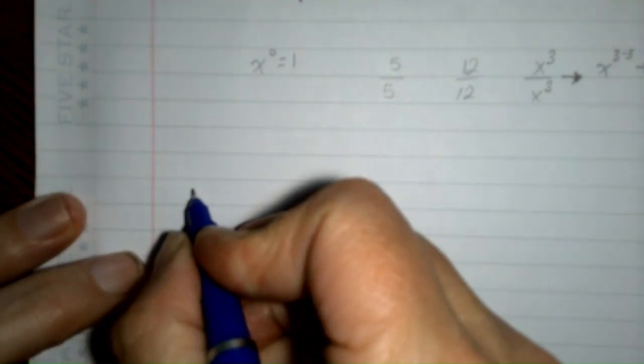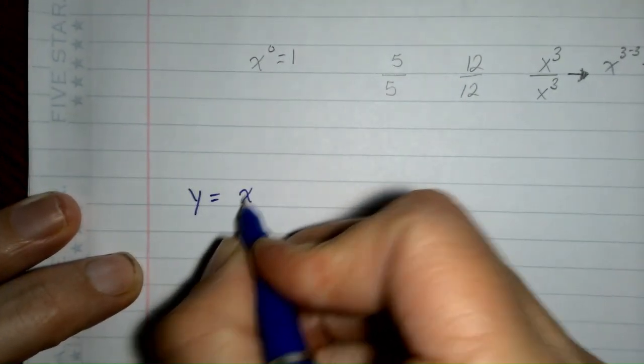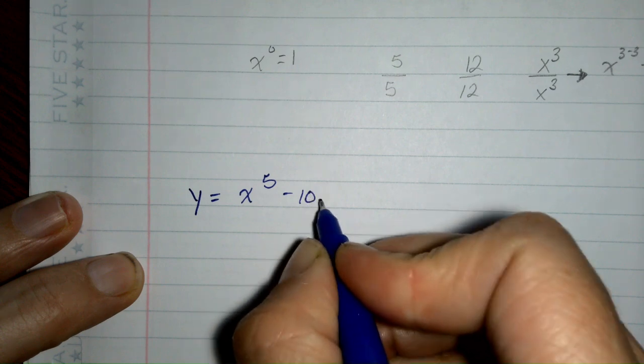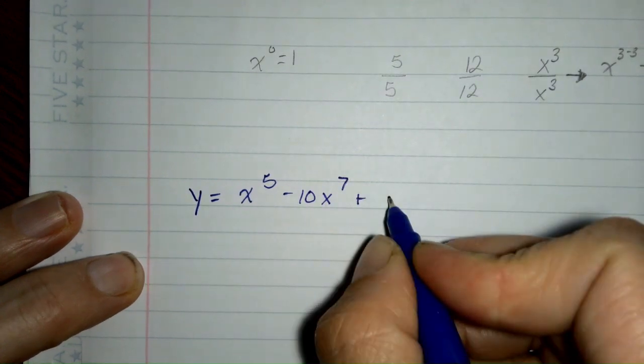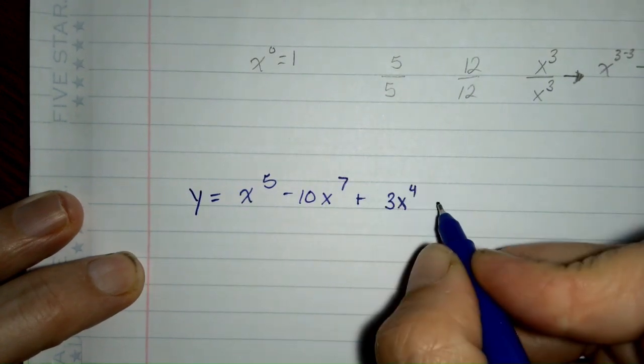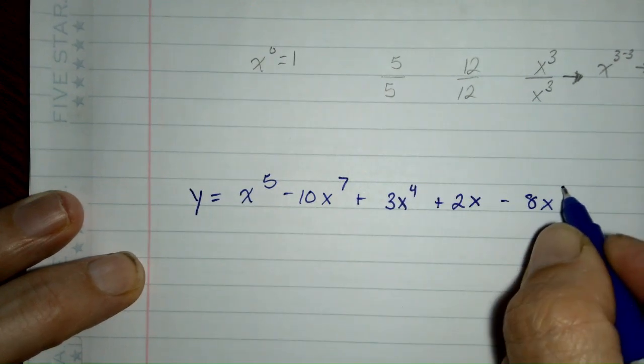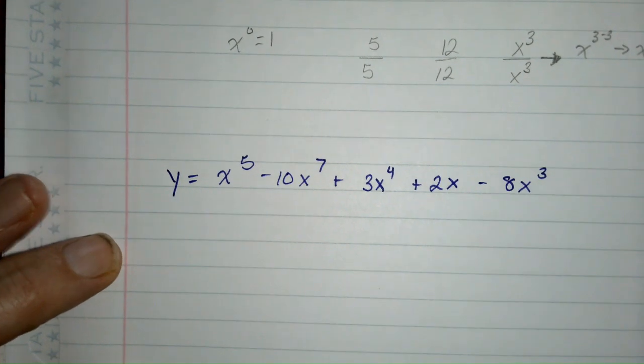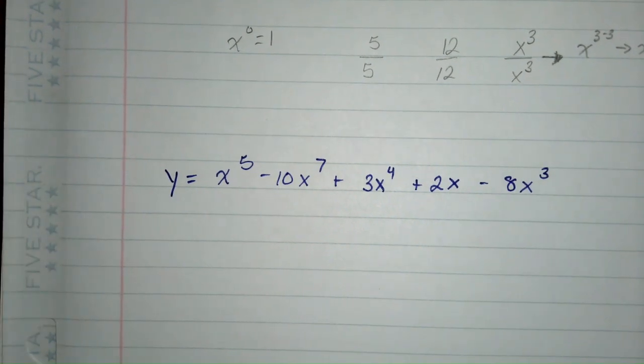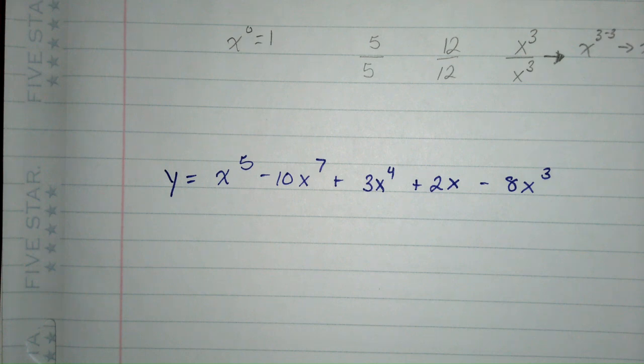So you might see a polynomial that looks like this. Okay, so we're going to classify it by the number of terms and the degree. Now the vocab usually comes from the number of terms.